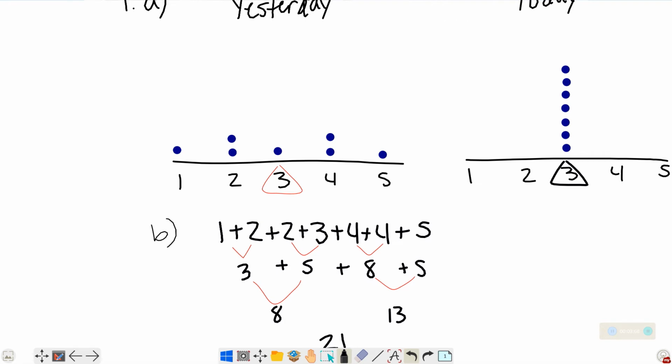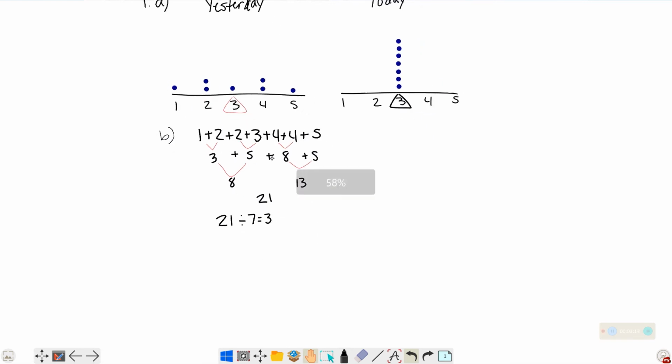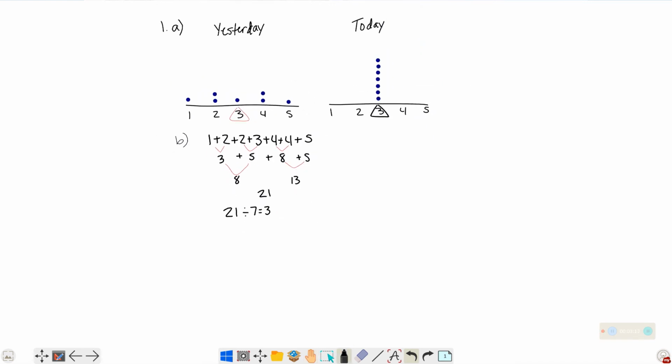Now part C. C says, for which distribution is the mean number of pockets a better indicator of what is typical, and explain why. So looking at these dot plots, which one does the mean look more like the typical value?